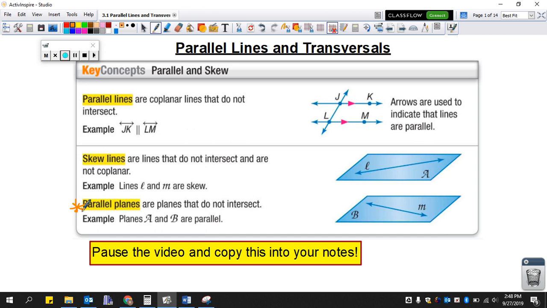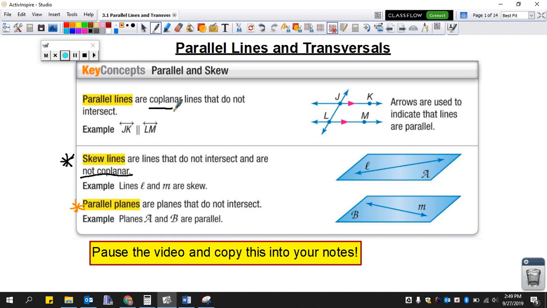The concept that you may not be all that familiar with is the term skew lines. Skew lines are lines that don't intersect, but they're also not coplanar.